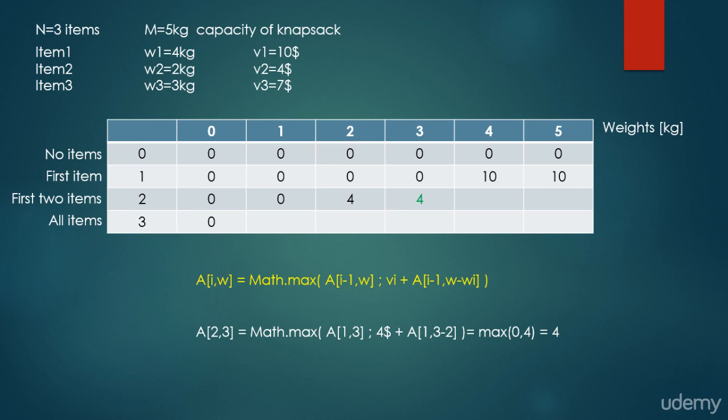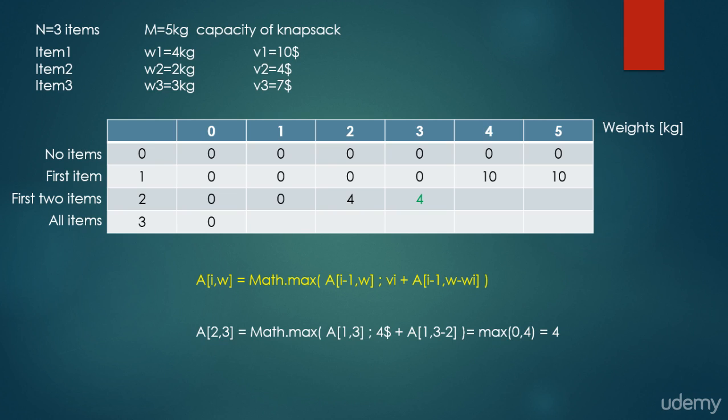Jump to the next column. It is a 4. Why? Because we have to calculate our magic formula. A23 is equal to the max. We can look up the table, the A with row index 1 and column index 3. It is, of course, 0, and we calculate the $4. Why $4? Because we're considering the item with the second index, so the second item, and the second item has a value of $4.